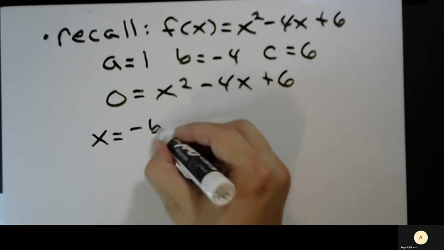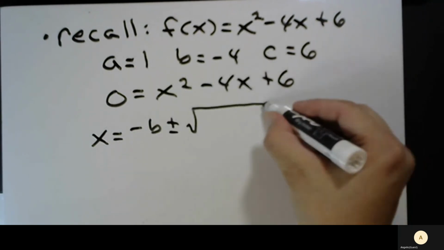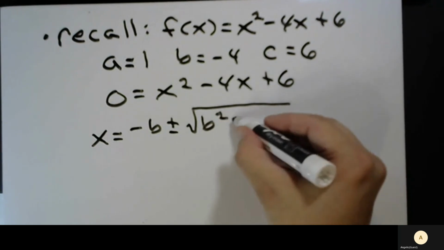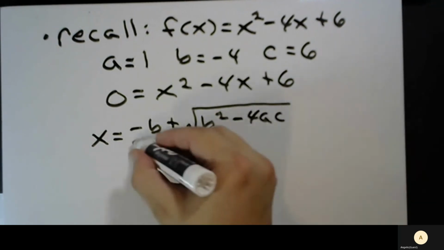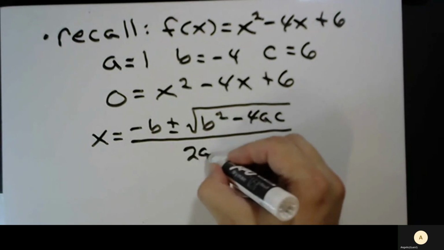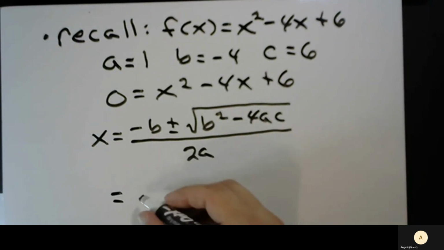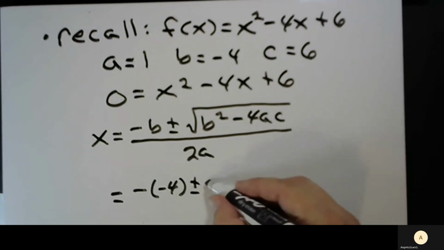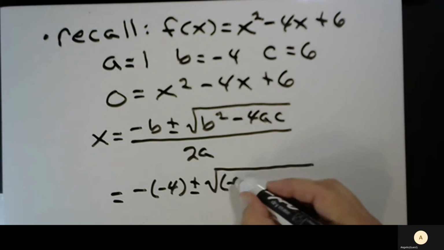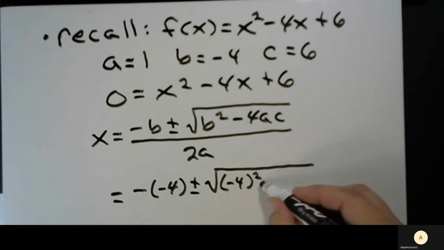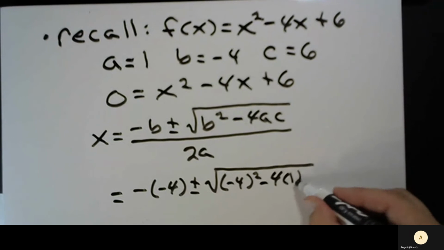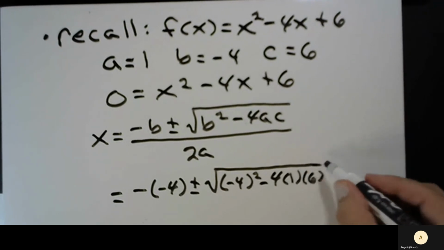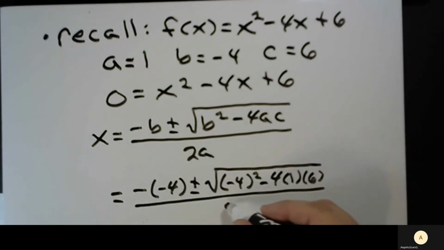So x is negative b plus or minus the square root of b squared minus 4ac, divided by 2a, or -4 plus or minus the square root of -4 squared minus 4 times 1 times 6, over 2 times 1.